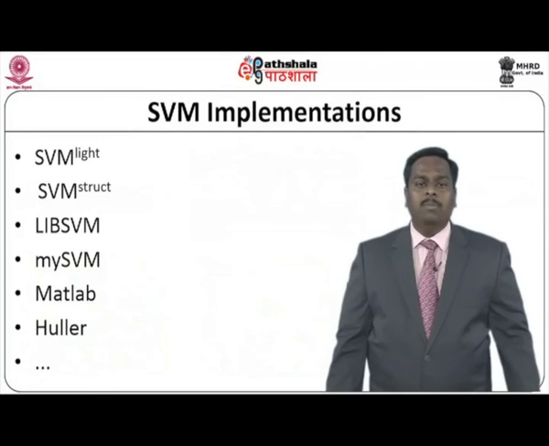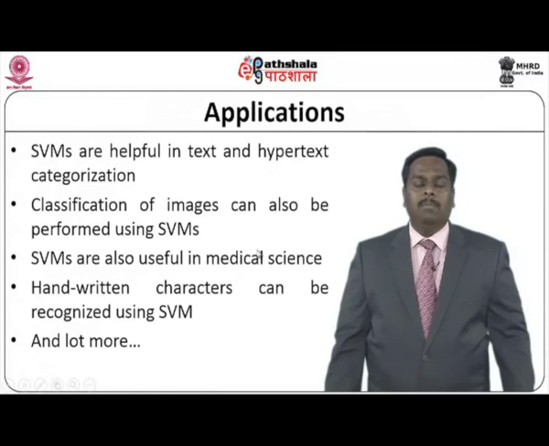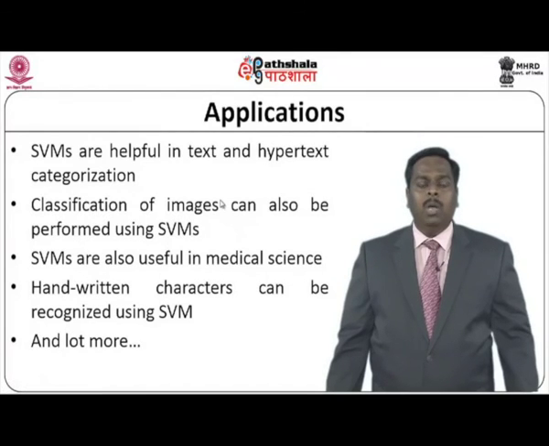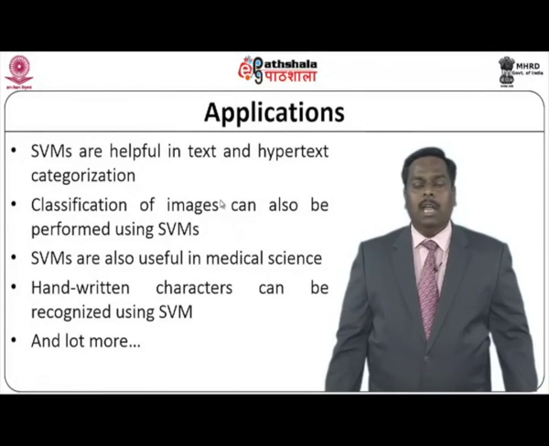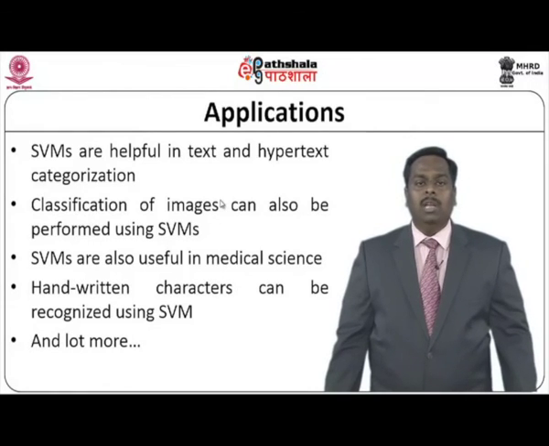So, what are the various forms of implementation of SVM? There are SVMlight, SVMstruct, LIBSVM, then MySVM, SVM MATLAB is available, then you have Hiller. These are the various implementations that are currently available over the web for the purpose of classifying data. So, what are the various places in which SVM may be applied? SVM is very useful with respect to text and hypertext categorization, because when you are dealing with categorical label, of course, the categorical label need to be converted into some form of numerical value, and then when you are dealing with a numerical value, we of course need to have a proper decision boundary.